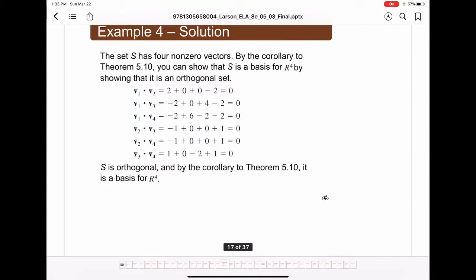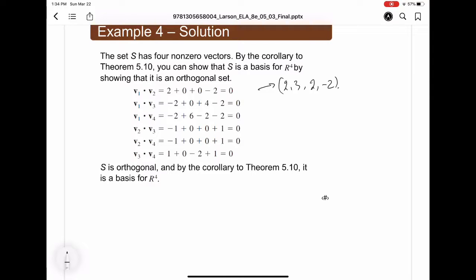So you can see that easily. Here's the solution. Let me repeat that, because in the previous slides maybe we did not catch the vectors. So let me explain one product here. V1 is (2, 3, 2, -2) and V2 is (1, 0, 0, 1).